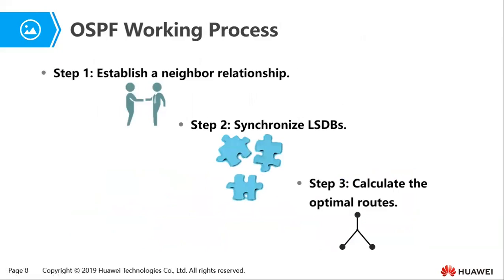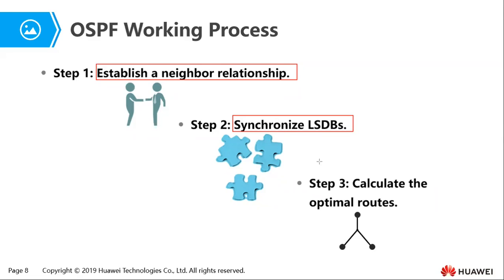Okay, so let's look at the OSPF working process. I'm sure we did this during the associate level, but we're just going through it again. Generally, the process of OSPF route calculation can be summarized in 3 steps. The very first step is the establishment of the neighbor relationship. Number 2 is to share the link state information, which we call synchronizing the link state databases.